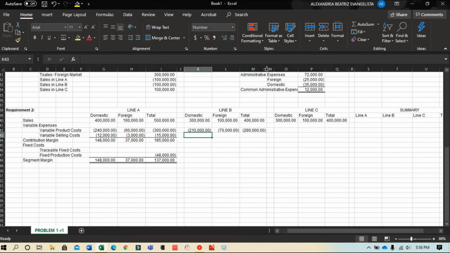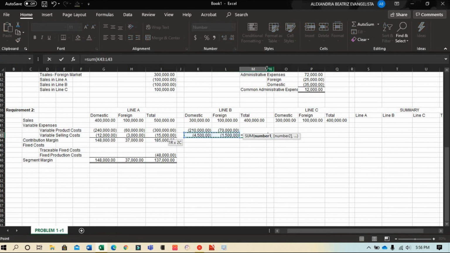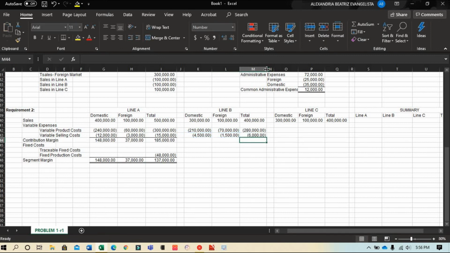And for the variable selling cost, it is 1.5% of sales. The sum of that is 6,000.